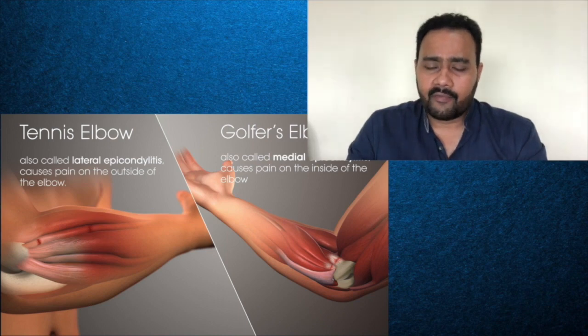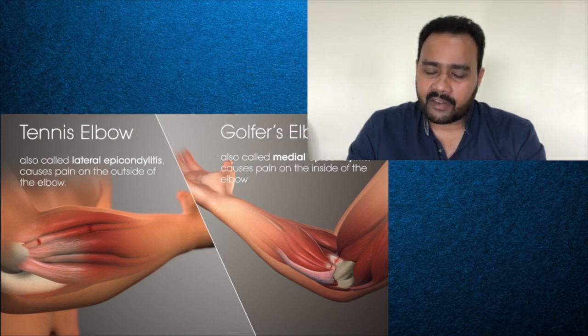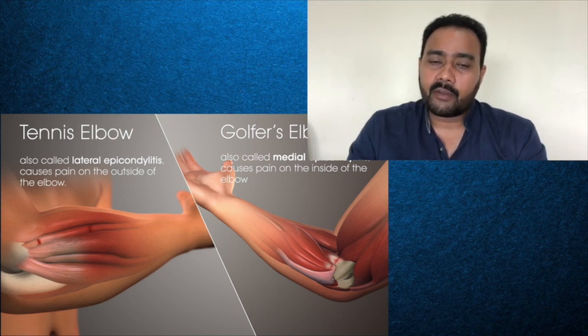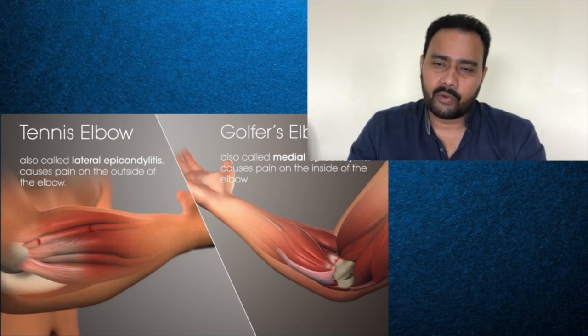And when they do the extension, everybody knows the common extensor origin is the lateral epicondyle. So they will get a pain whenever they do the extension of the wrist in tennis elbow. So that is the golfer's elbow and tennis elbow.